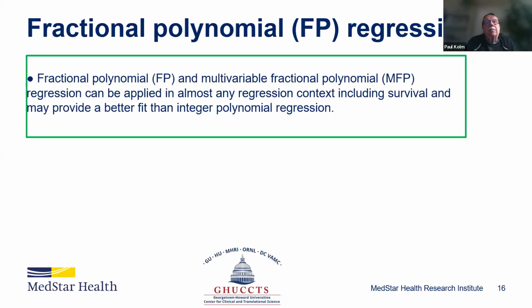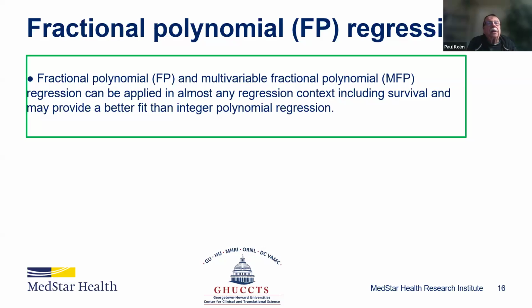Okay, let me go on then to one that can be used actually quite easily, although there's software to do the splines and the cubic and restricted cubic splines. The next one is what we call fractional polynomial regression.